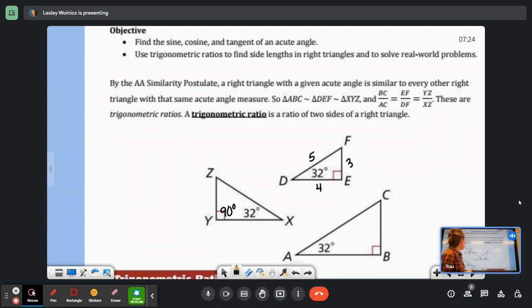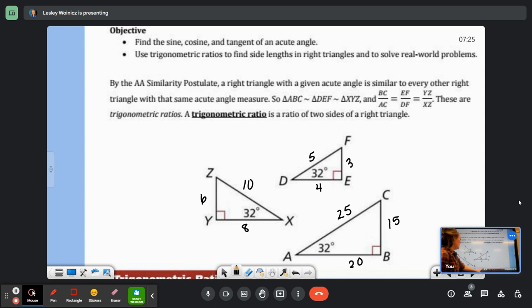So what I wanted to show you about the sides is, let's say this is a 3, 4, 5, and these are not to scale, and these aren't even the real lengths, but let's say that this one was 6, 8, and 10, and this one was 15, 20, and 25.